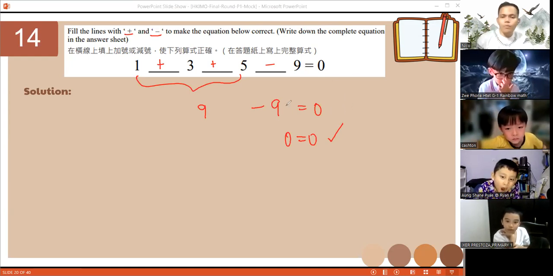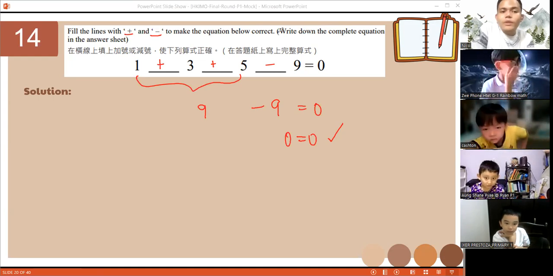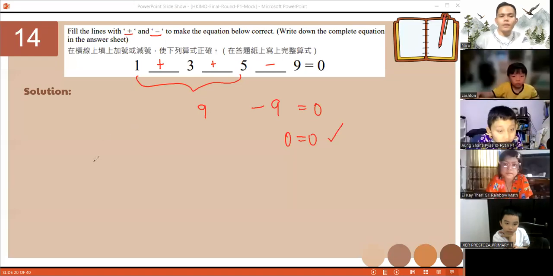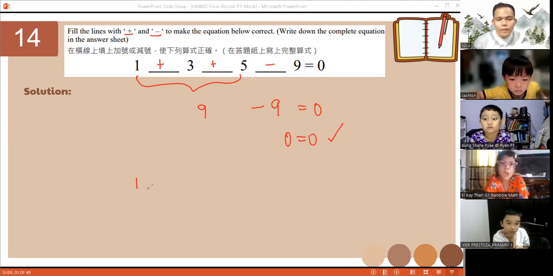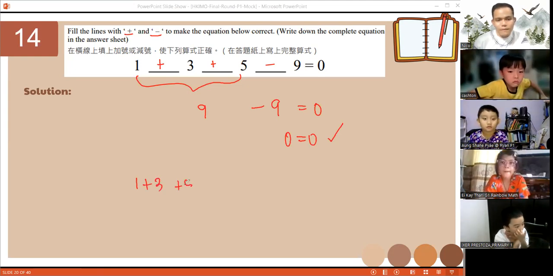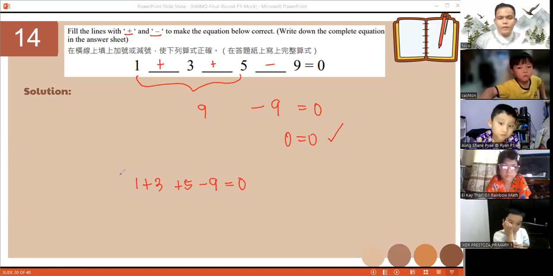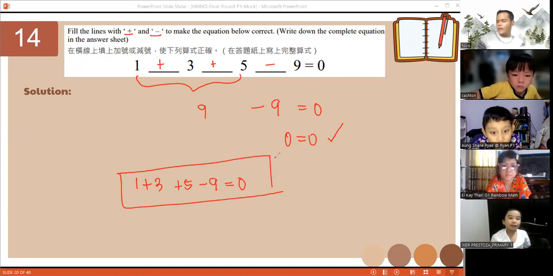Okay, we're done double checking it. The question here is to write down the complete equation in the answer sheet. So you should write in your answer sheet 1 plus 3 plus 5 minus 9 is equal to 0. This is your full answer. This is your complete answer.